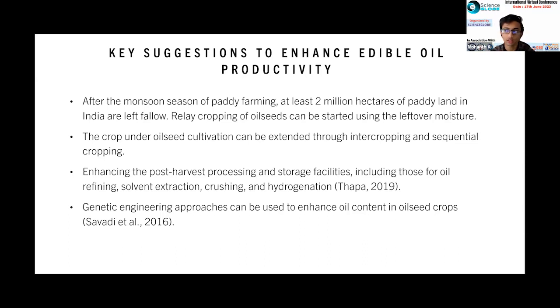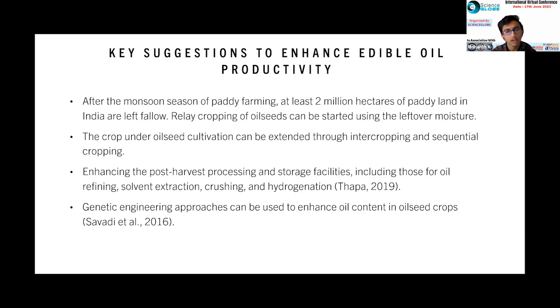That time can be utilized by planting oilseed crops there, so we could improve our oilseeds production, which ultimately results in the improvement of edible oil production. The next one is we could follow intercropping and sequential cropping approaches to increase the area under cultivation of oilseeds. This is one more technique.